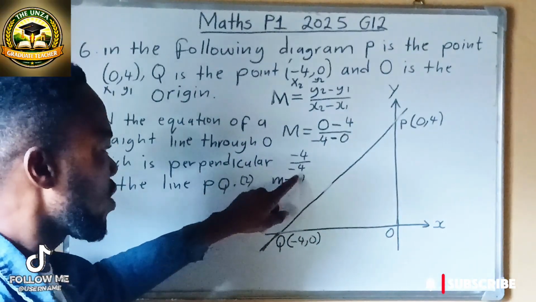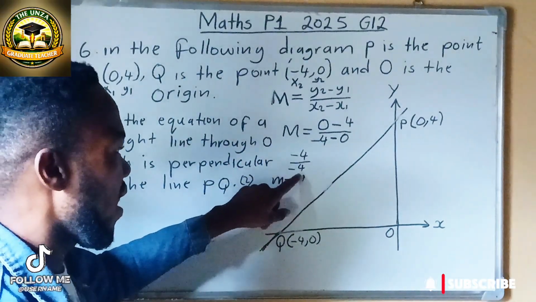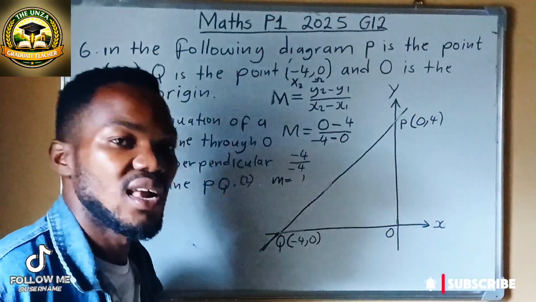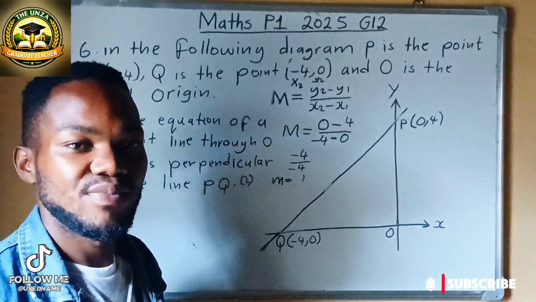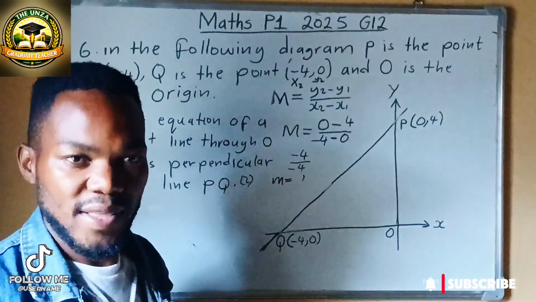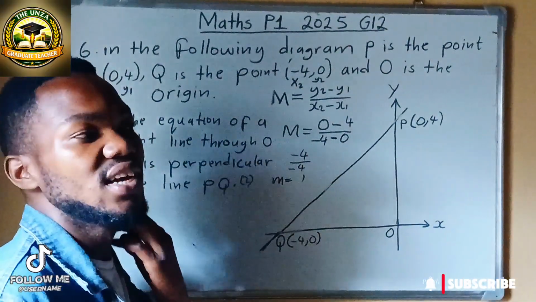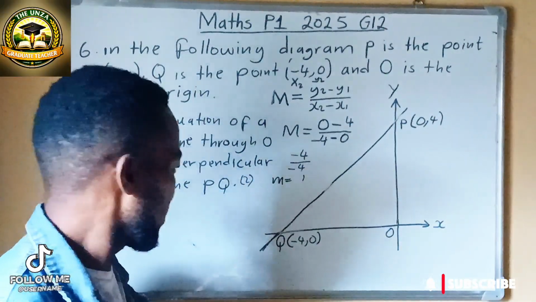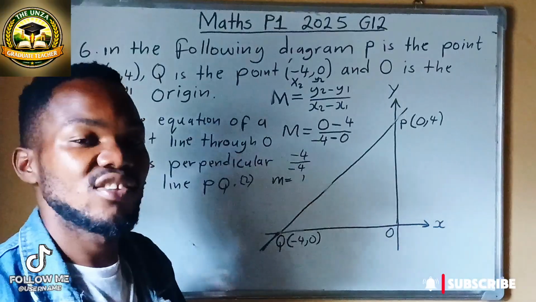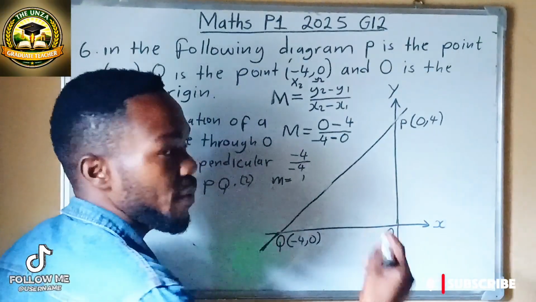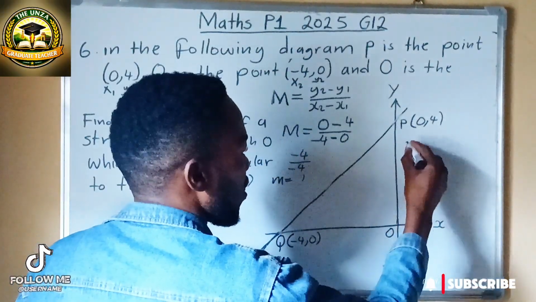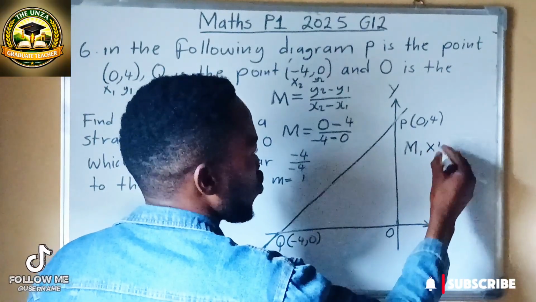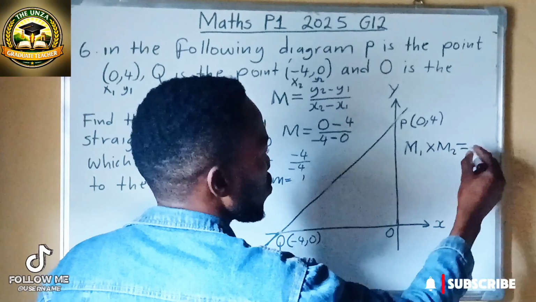Now, when you are told that this line is perpendicular, if it was just a straight line you could have continued solving like this. But because it is perpendicular, the product is equal to negative one. So for a perpendicular line, you say m1 multiplied by m2 is equal to -1.